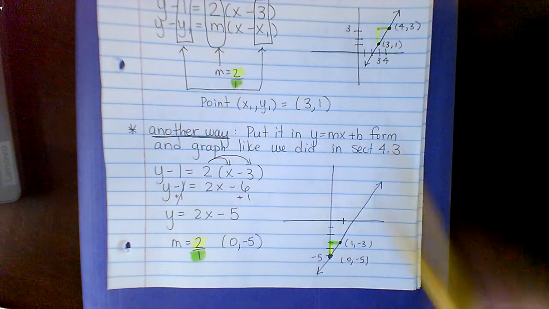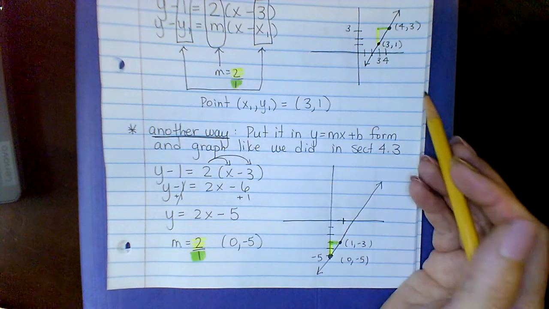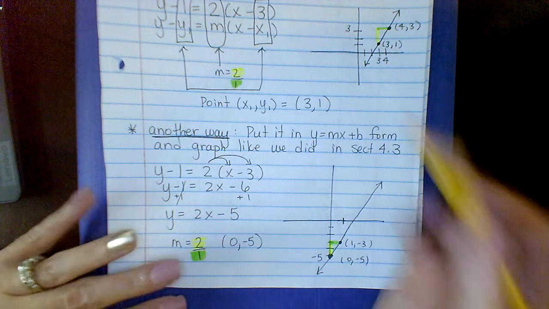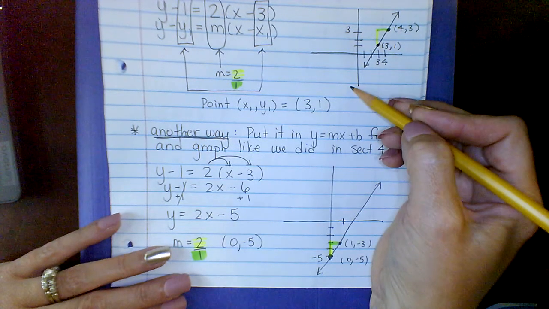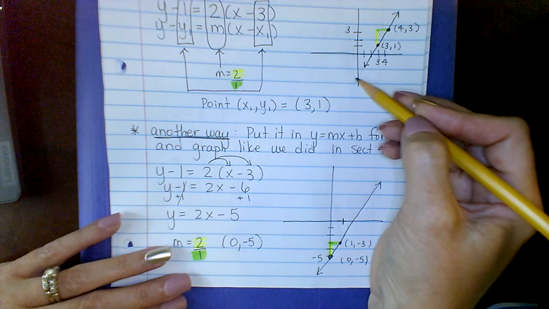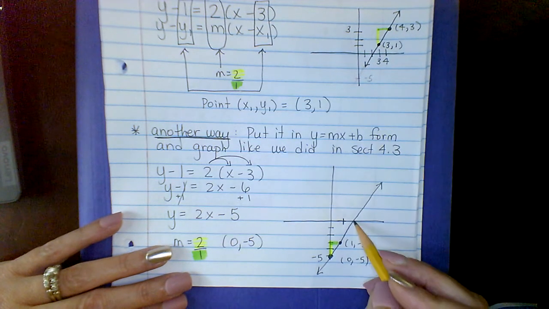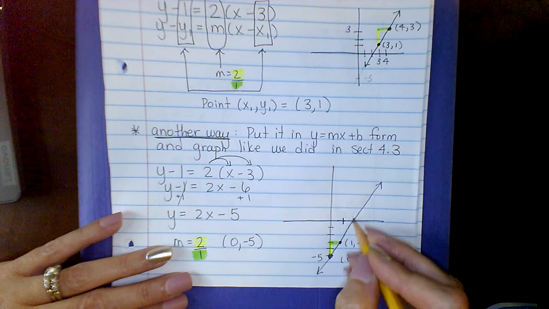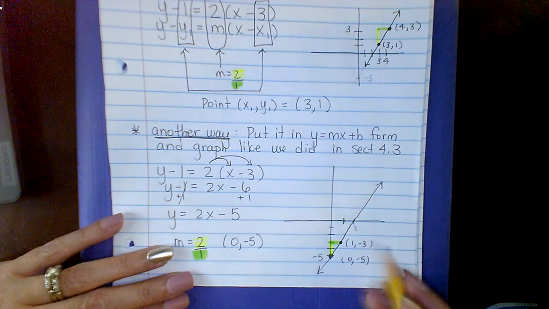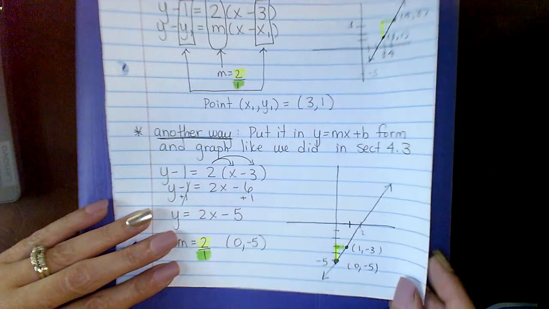Now, you may be looking at that going, that's not the same line. Well, it is. You just have to squint and use your imagination because my scale's off. But if this were to keep coming down, it would hit that intercept right there at negative 5. This right here is going through 2. So these are the same line. My scale's just a little wonky because I drew it by hand.